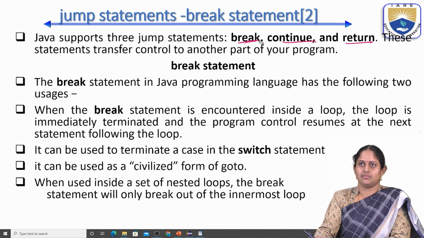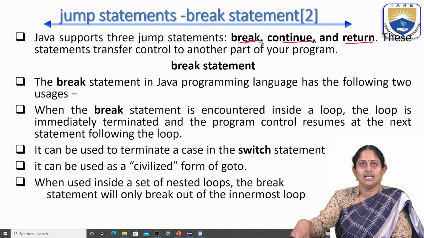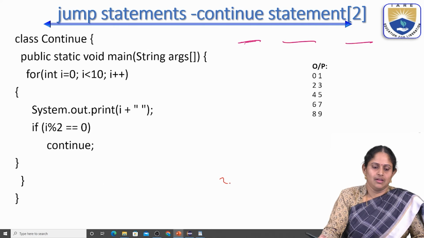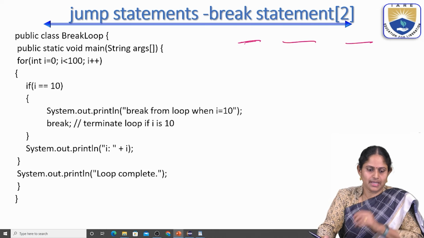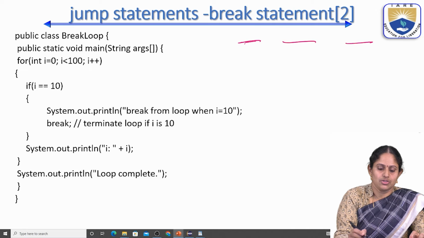So what happens when a break statement is encountered inside any block? The control will come out of that block. This is an example of the use of a break statement inside a for loop.